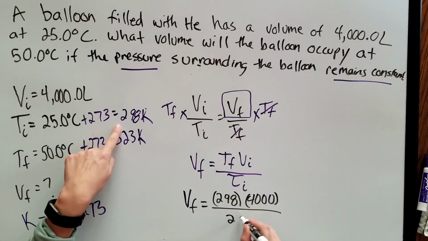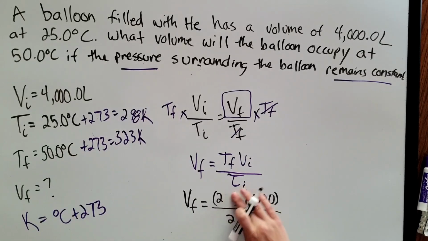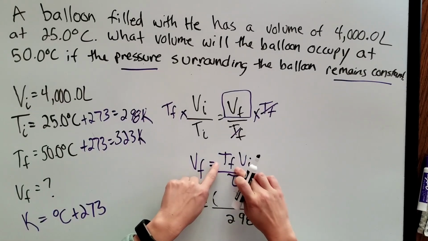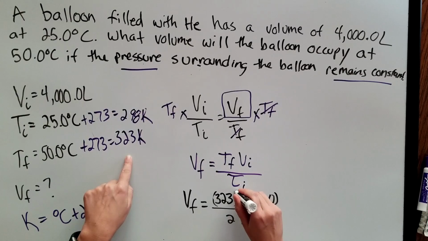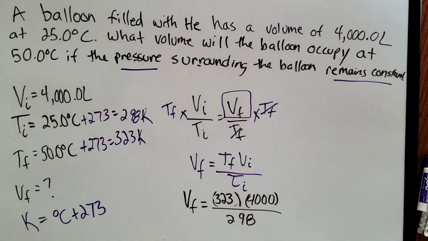My TI is 298. Let me go ahead and erase this, because TF was 323. So make sure that you're looking closely at those variables. Okay, so I'm going to take 323, multiply it by 4,000, and then divide that by 298.